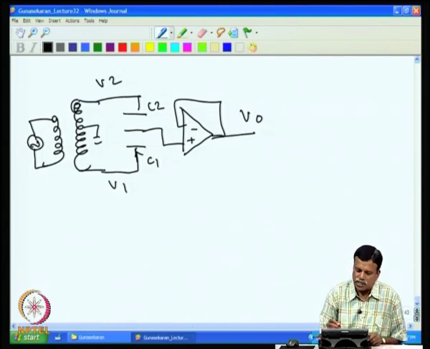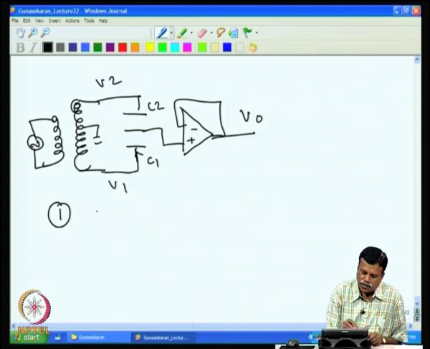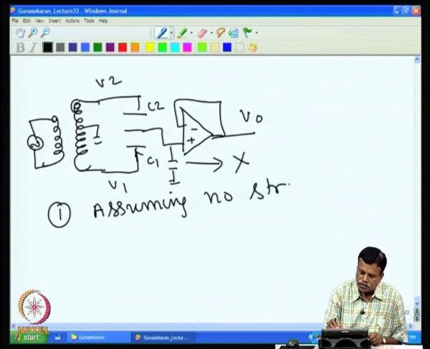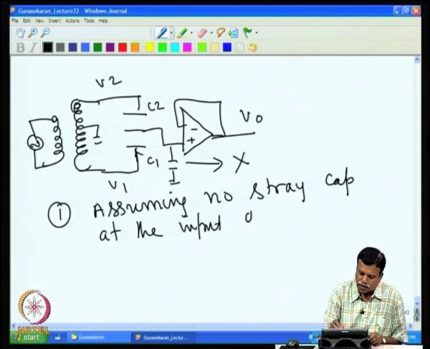Assume there is no stray capacitance effect as a first assumption. So, one assumption is that there is no stray capacitance present at the input of the op amp.